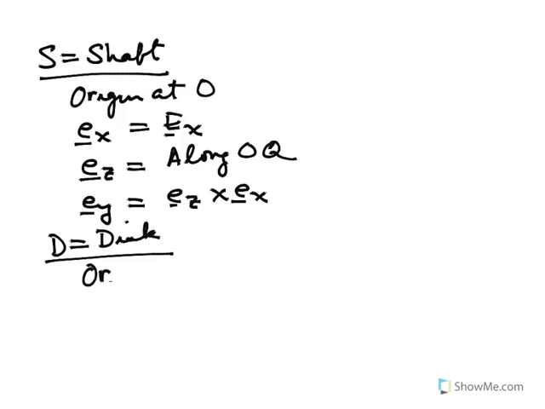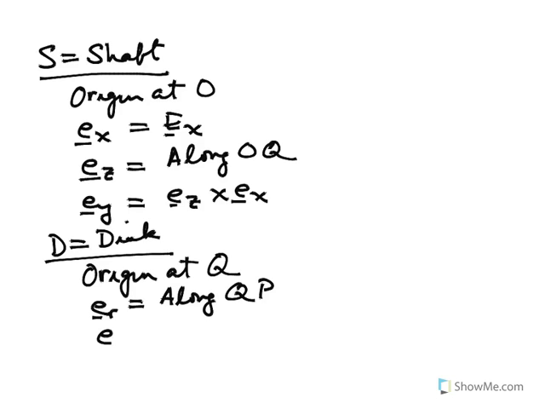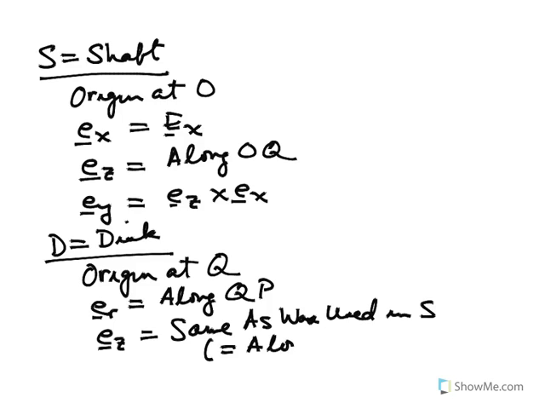The origin of this coordinate system has to be fixed in the disk, so I'm going to put the origin at Q. I'm going to pick ER along QP, and then EZ is going to be the same as was used in S, whatever direction I defined along OQ.